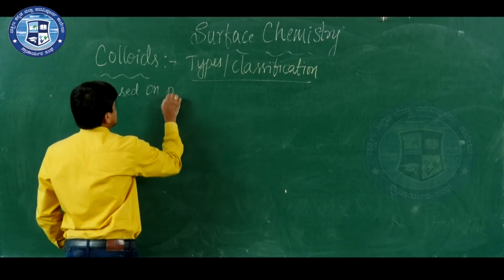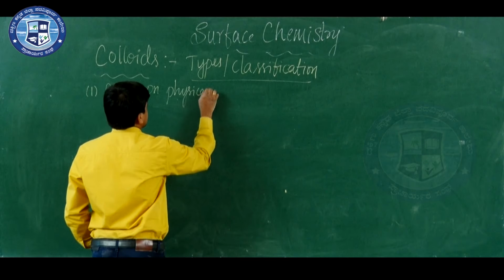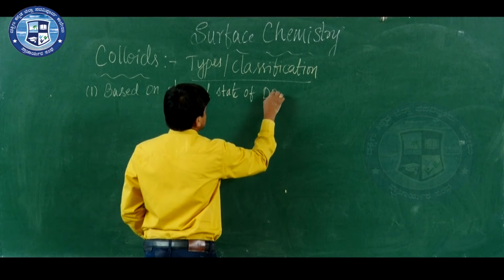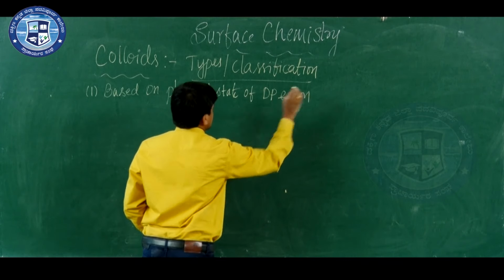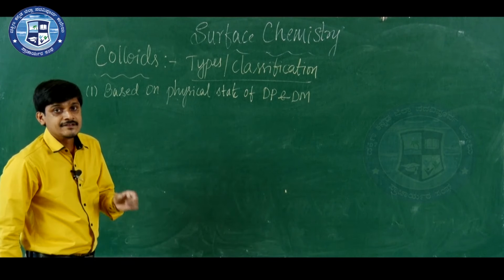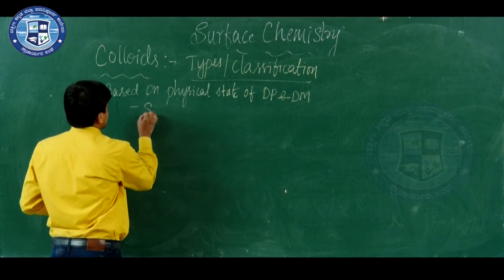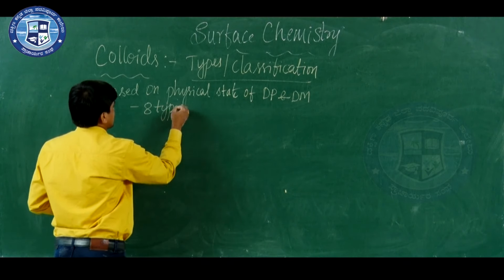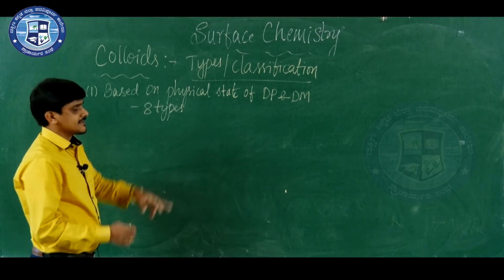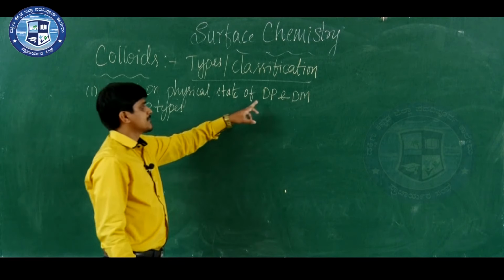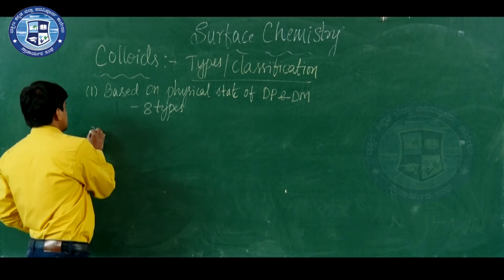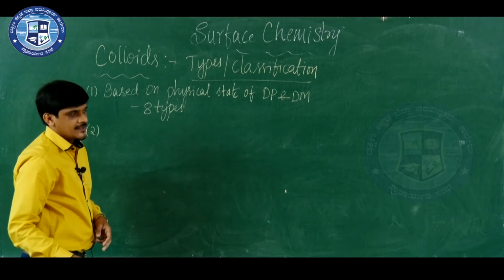Based on the physical state of dispersion phase and dispersion medium, colloids are classified into 8 types. That is, based on the physical state, colloids are classified into 8 types.